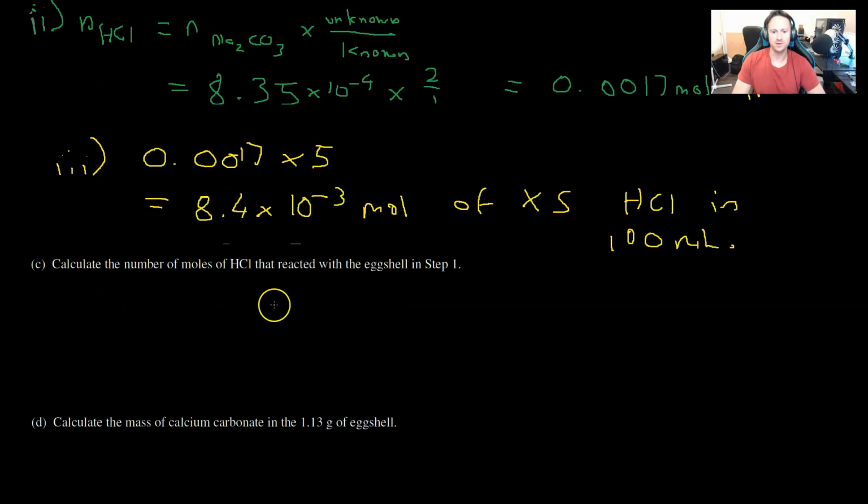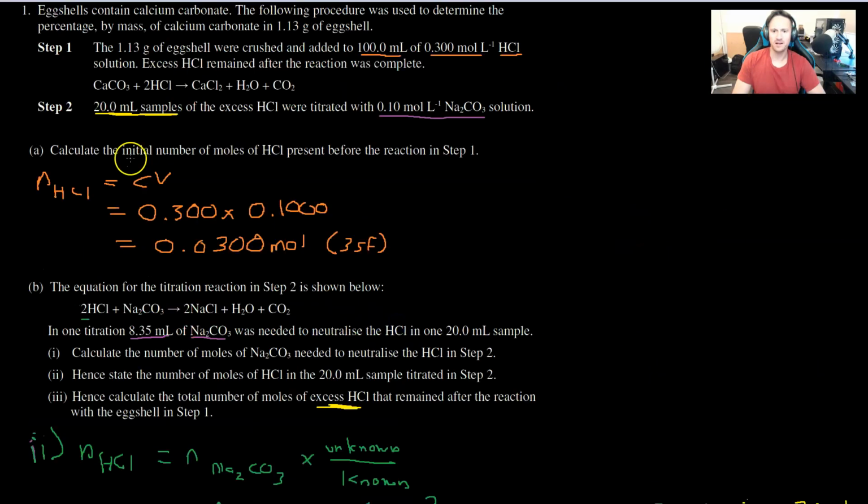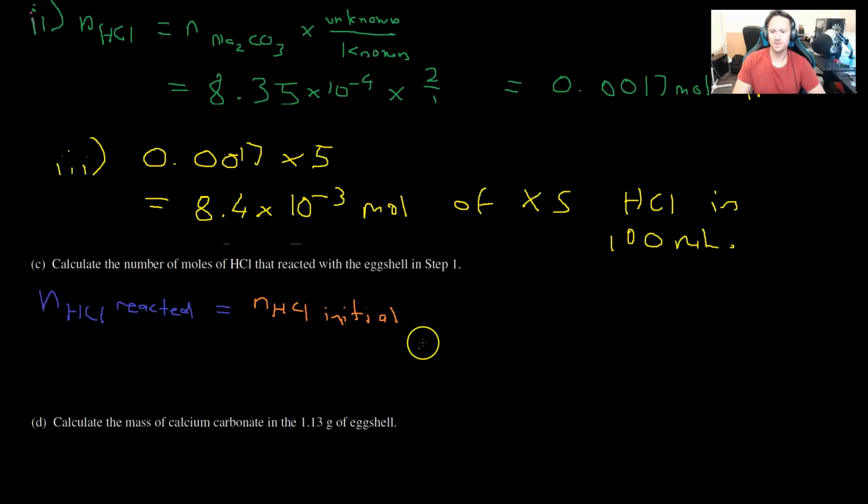So all you need to do is say the number of moles of HCl that reacted is equal to the number of moles of HCl initial. I've done that one in orange, so that's the initial.